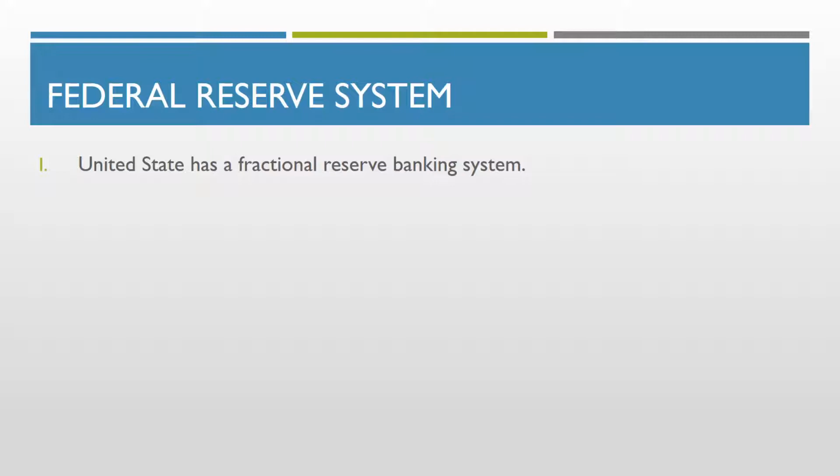So in the US, we actually call our bank system a fractional reserve banking system. That means the banks under the Federal Reserve System are required by law to keep a fraction of the checkable deposits in the bank vaults. They cannot loan out everything.